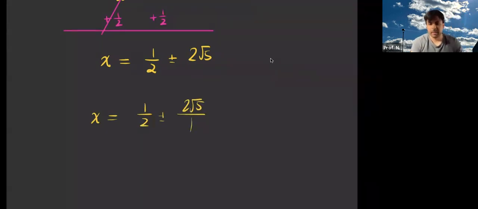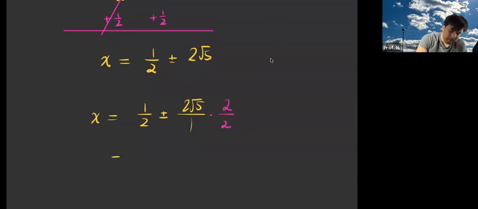Make that over 1. When we add or subtract fractions, remember, the denominator should be the same. In this case, I want to make it into the LCD, which between 2 and 1, the least common denominator, is 2. So multiply the fraction with the 1 in the denominator by 2 over 2.